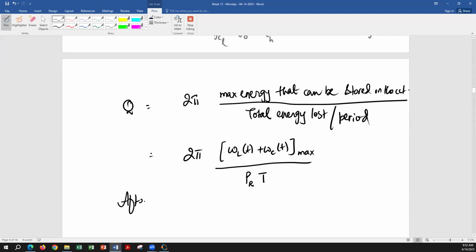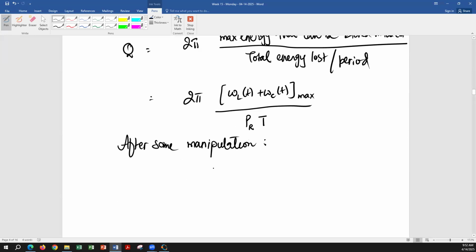So after some manipulation, we will get the value of Q to be the magnitude of the reactance of the inductor at the resonant frequency, because the maximum energy is stored at the resonant frequency, where the curve has its peak value, divided by R, which we can write down as omega naught L over R. Omega naught is the center or resonant frequency.